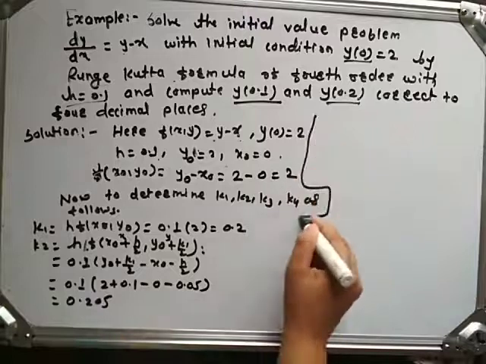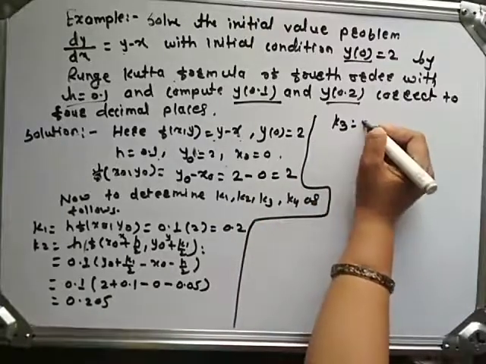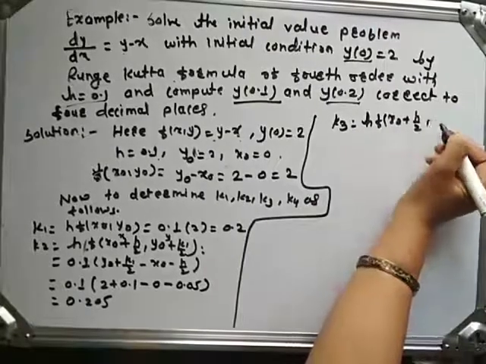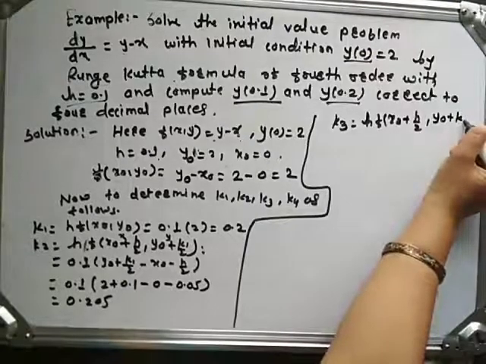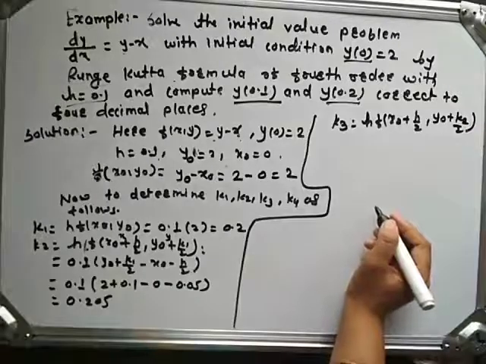Now find out k3. What is that formula? The formula is h into f of (x0 plus h by 2, y0 plus k2 upon 2).